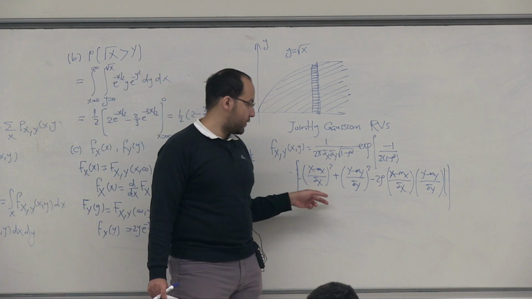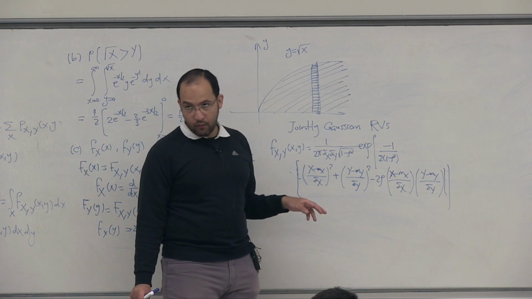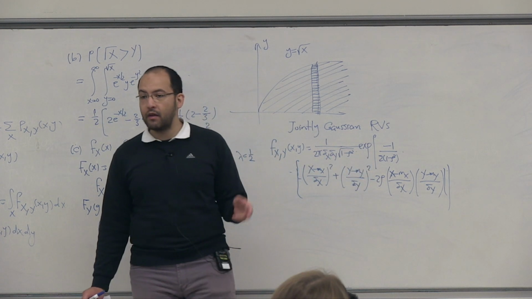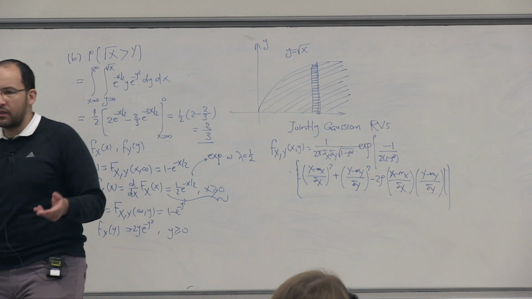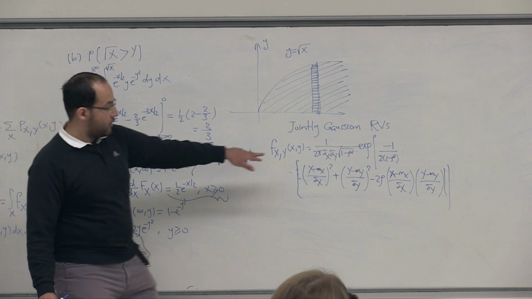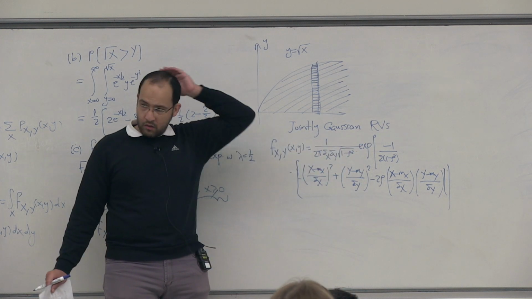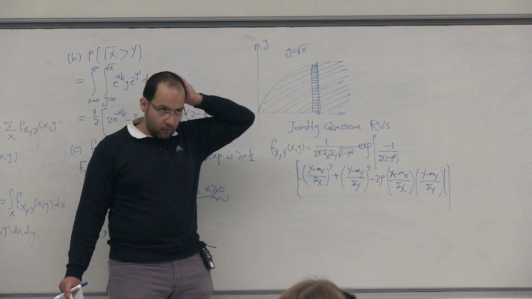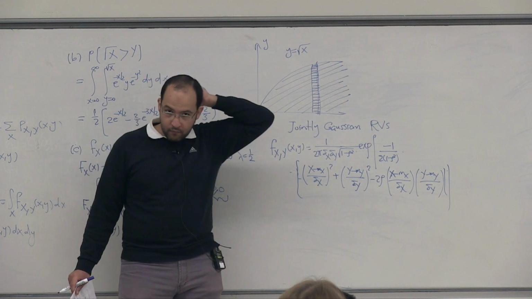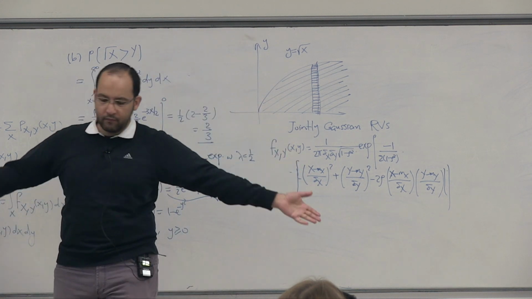Well, why do you ask that question? Not necessarily. You have one of them having mx as its mean and one having my as its mean. Not necessarily. It can be 0, it can be anything else. What happens when we put this rho 0? It resembles a normal graph.